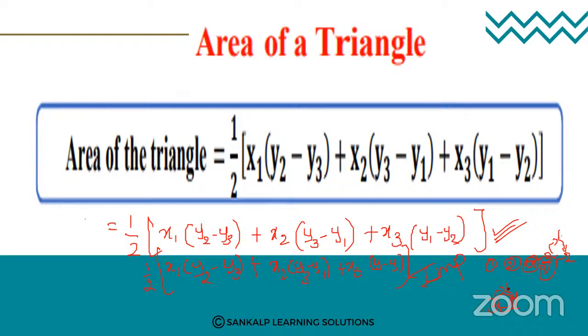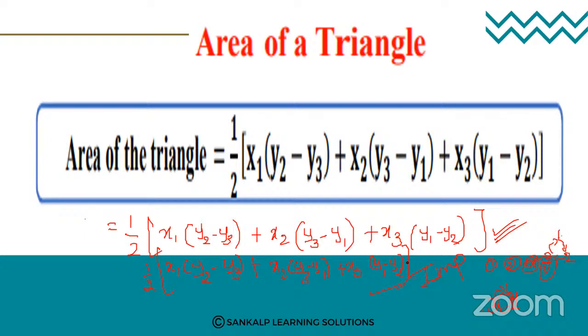For x3, after 3, 1 and 2 will come: y1 minus y2. So your area of triangle formula will be ready: 1/2 x1 into (y2 minus y3) plus x2 into (y3 minus y1) plus x3 into (y1 minus y2). Okay, this is the formula to find the area of a triangle.